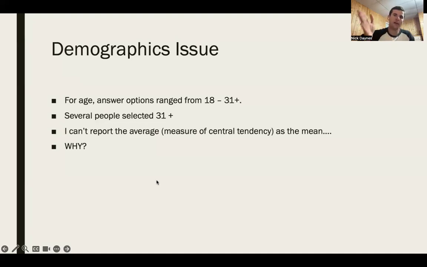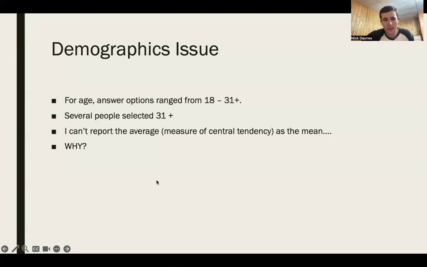There are different measures of average, different measures of central tendency. It turns out that because I had several people who selected 31 plus, I cannot use the mean to report as the center. And my question is why? Why is that? And after you know why, think about what's a possible solution to that problem. So pause the video and give that some thought.